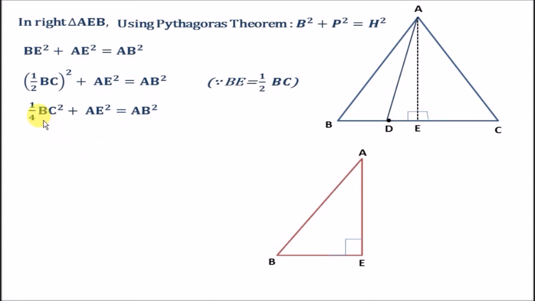Now we will take 1/4 of BC square towards the right. So AE square equals to AB square minus 1 by 4 BC square.